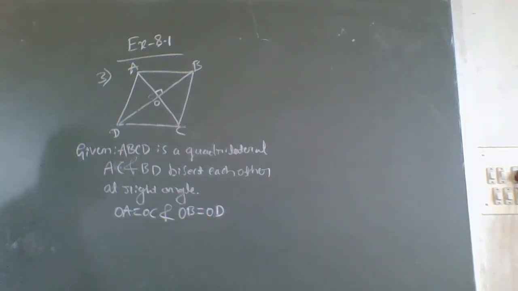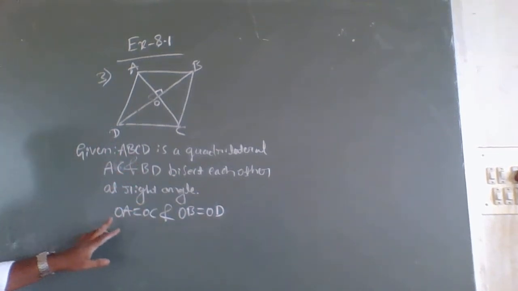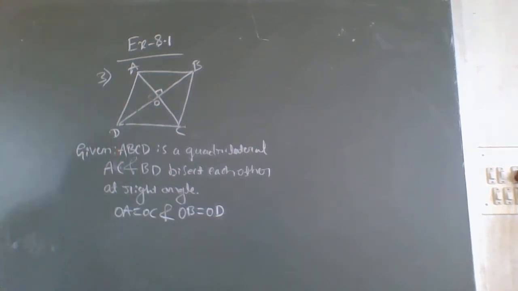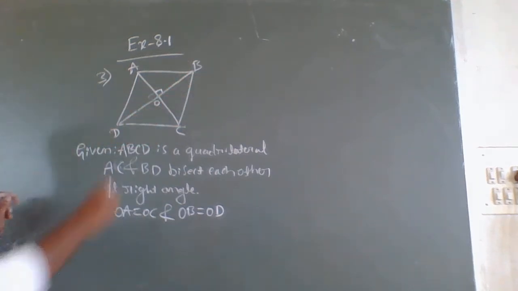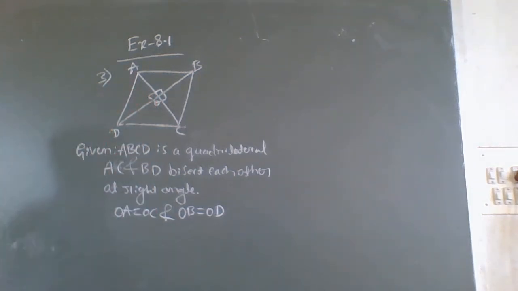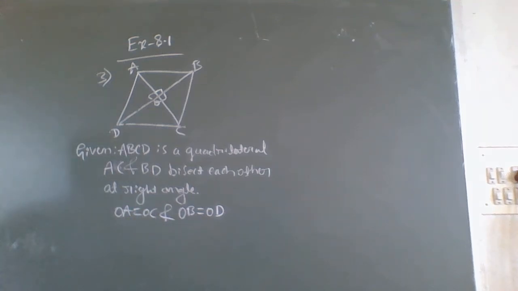So now we know that AC and BD bisect each other at right angle, and these parts of the diagonals are equal. Again we know that all these four angles, angle AOD and angle AOB, are 90 degrees only, because it is given that they bisect at right angle.